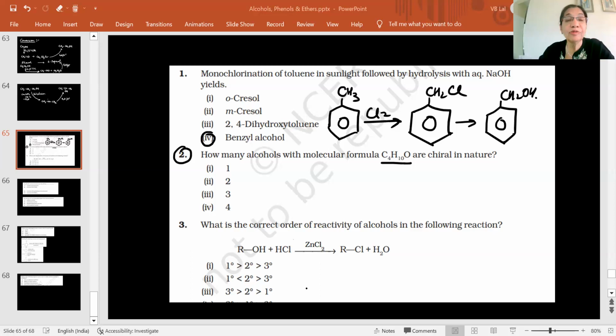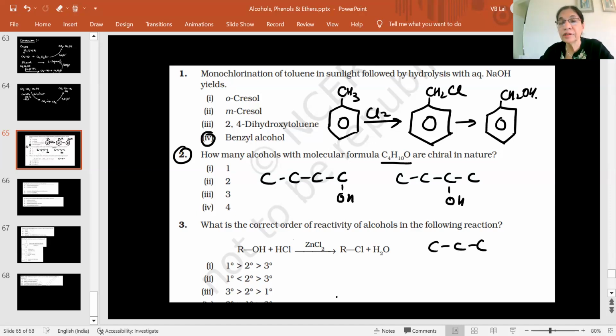No, actually there are 4, right? This is one, OH here. Then this is the second one, OH here. This is the third one, there's a branch here and an OH here. And this is the fourth one, there's a branch here and an OH here.